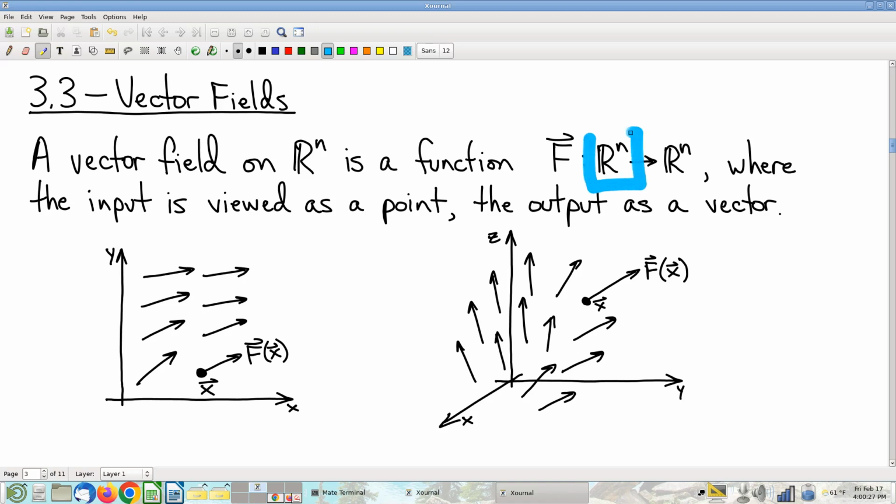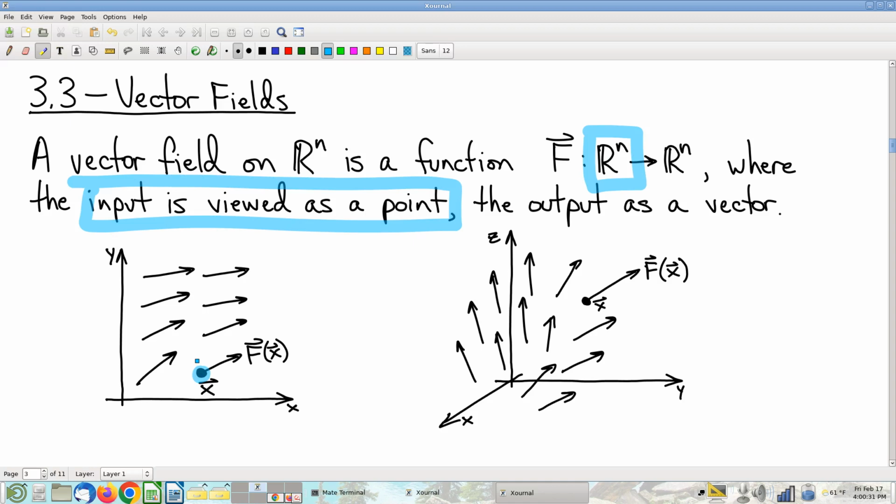The input you should view as being a point in space, whatever your Rn is, either R2 or R3 or whatever. So view the input as a point, but then view your output not as a point. View your output as a vector with its tail at the given input point.